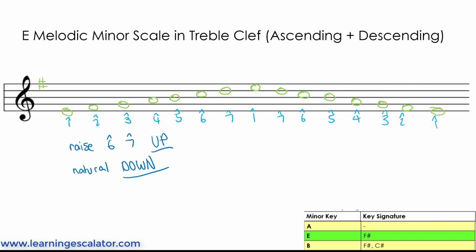So the 6th and 7th degree would be the C and the D. So since there's no C and D in the key signature, that means you just sharp it. So C sharp and D sharp, and when going down, it's in the natural form, so you don't need to sharp it. You can't have it sharp, so you use a natural sign when going down.